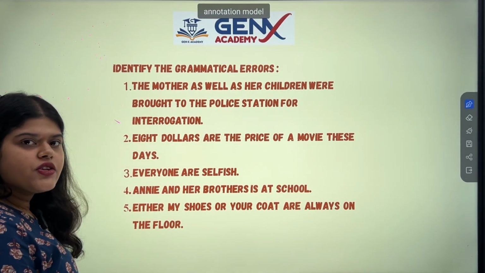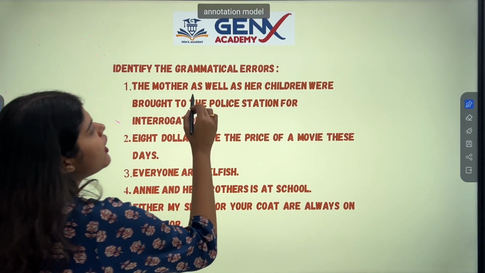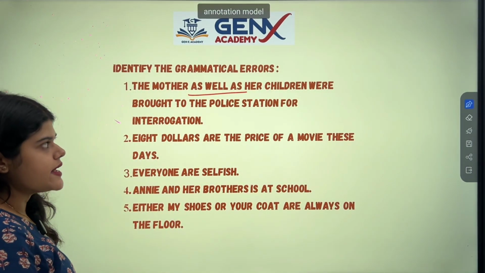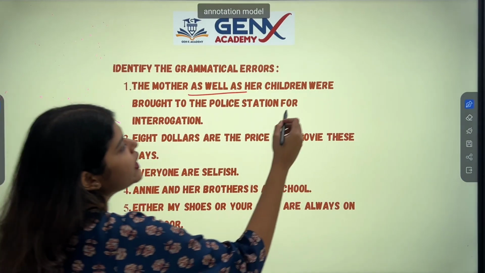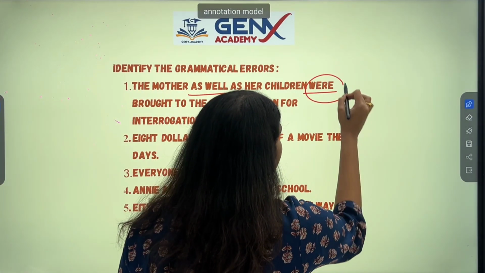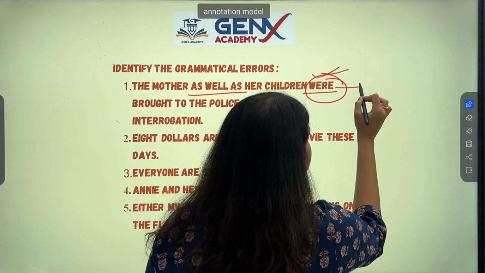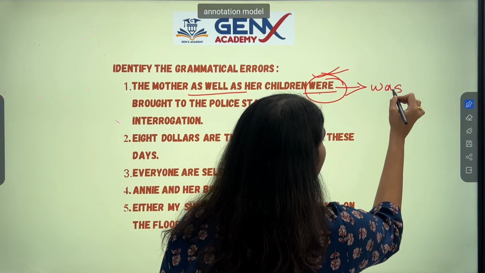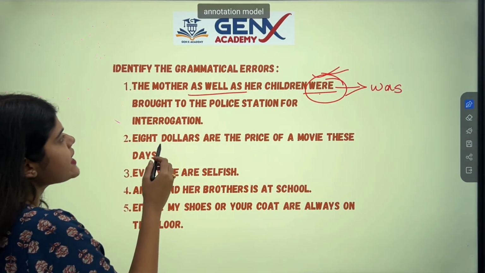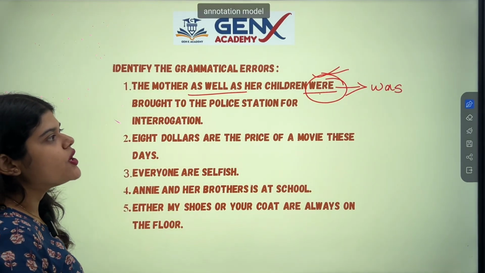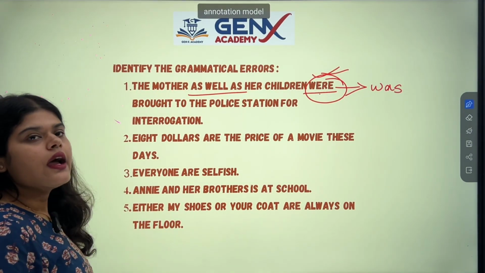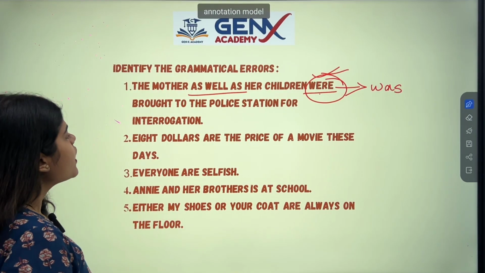So like I mentioned, when we use as well as, along with, in addition to etc., the verb will always remain singular. So this will be changed to was. We will say that the mother as well as her children was brought to the police station for interrogation.